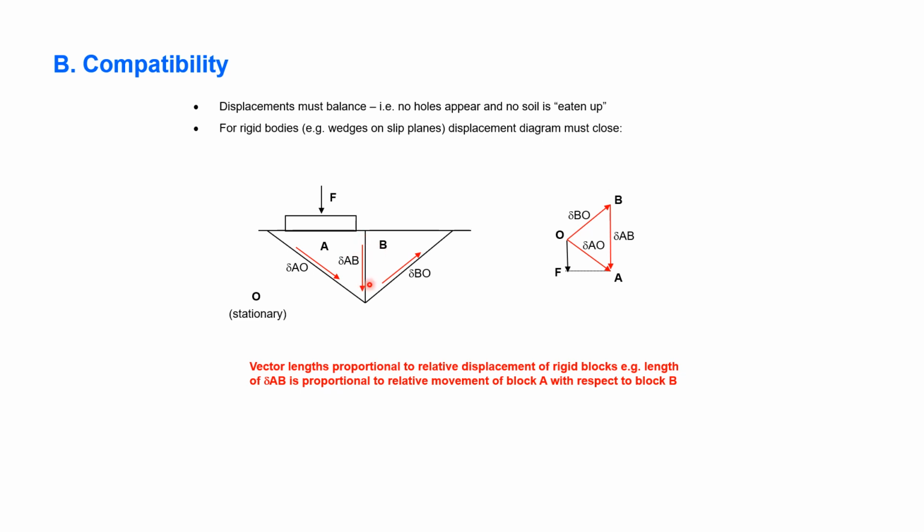Or, if you prefer, the relative displacement of block B relative to A, which is vertical. So on here, B is above A, and it's vertically above A. So it's this construction that allows us to define all of the lengths.